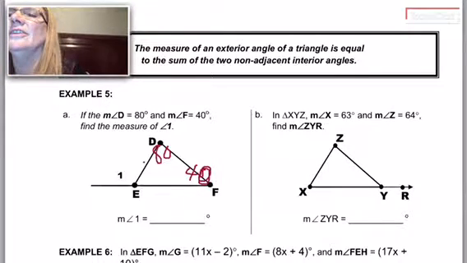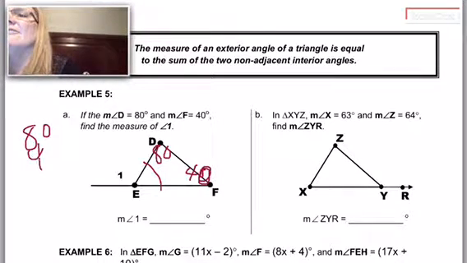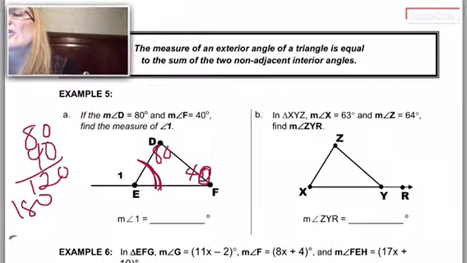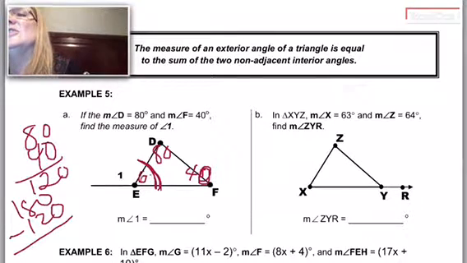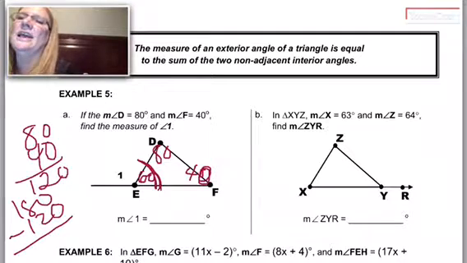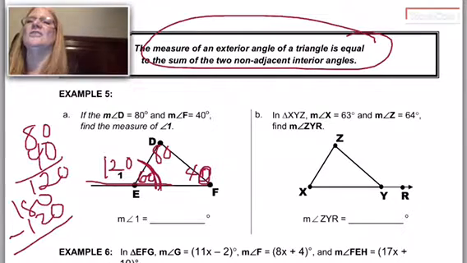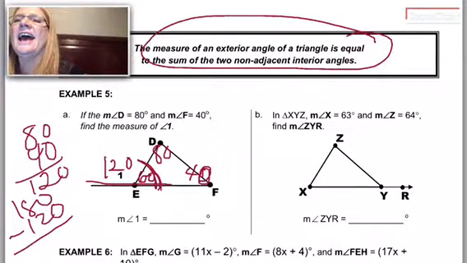We know that this angle here we can find because we can add 80 and 40 and get 120, and we know that this angle right here is 180 minus 120, which is 60, and we know that angle 1 is a linear pair with 60, and so that would be 120. But this property up here is telling us a shortcut is that we could just add 80 and 40. So if we add 80 and 40, we get 120.